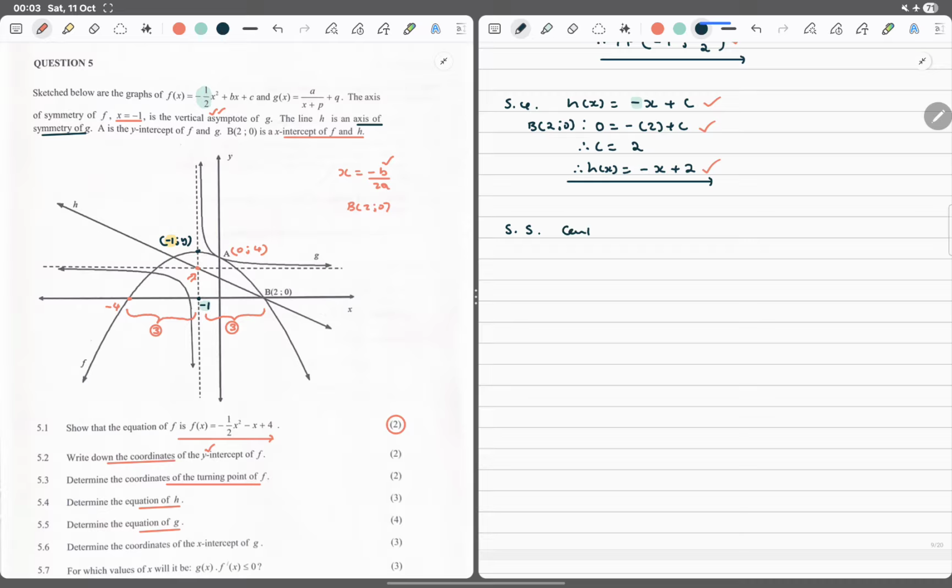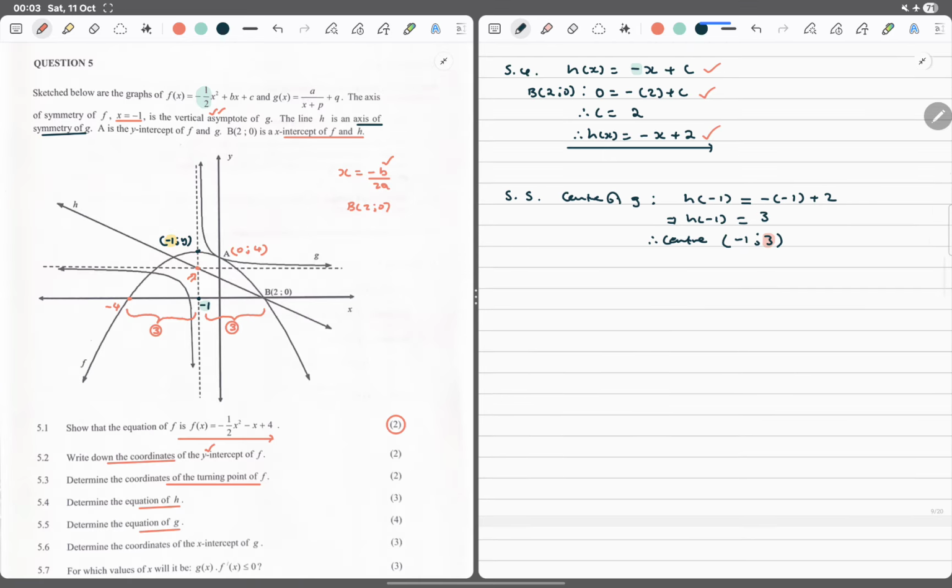So we can say the center of g is such that we've got h of minus 1, which is equal to minus (minus 1) plus 2, which implies that h of minus 1 is basically 3. We can say therefore that the center, the middlemost point, is going to be (minus 1, 3). Now that will give us the horizontal asymptote, which is y equals 3.